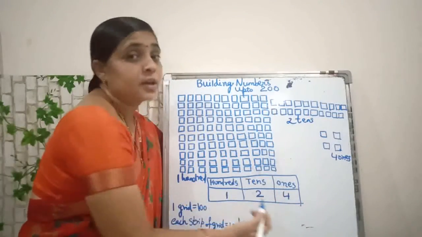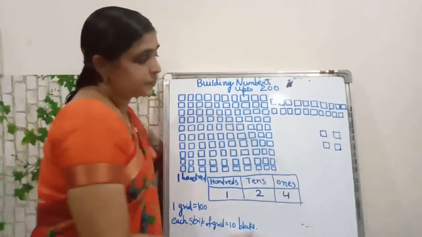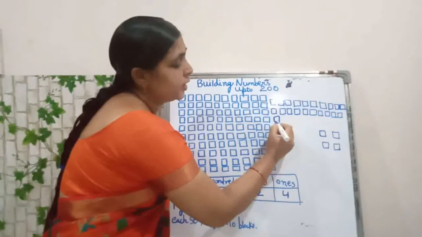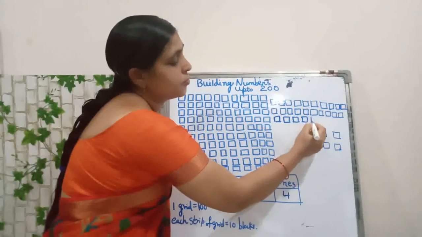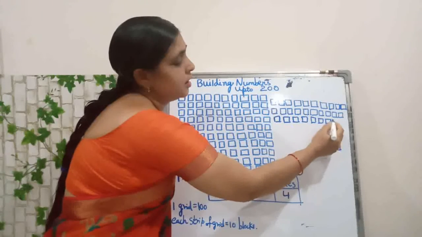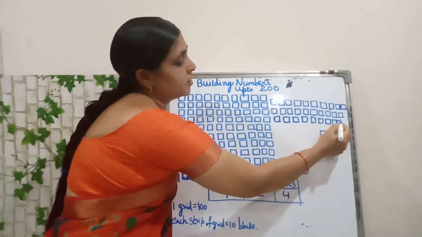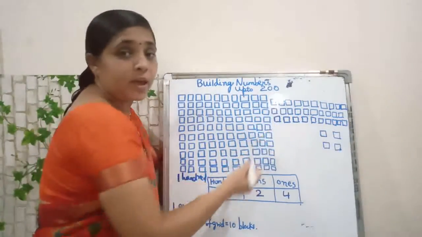124. Okay. I will draw one more 10. 3, 4, 5, 6, 7, 8, 9, 10. So, how many tens are here?